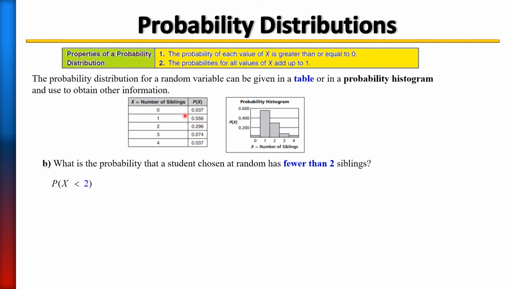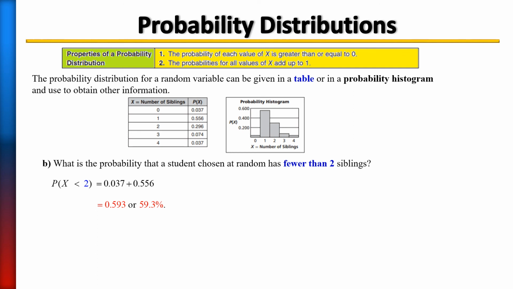All we need to do is add these two together, and we will have the probability of having fewer than 2 siblings. Now be careful, don't try to add up this column and then write that on the bottom as a fraction. That was a totally different table than what you have here.